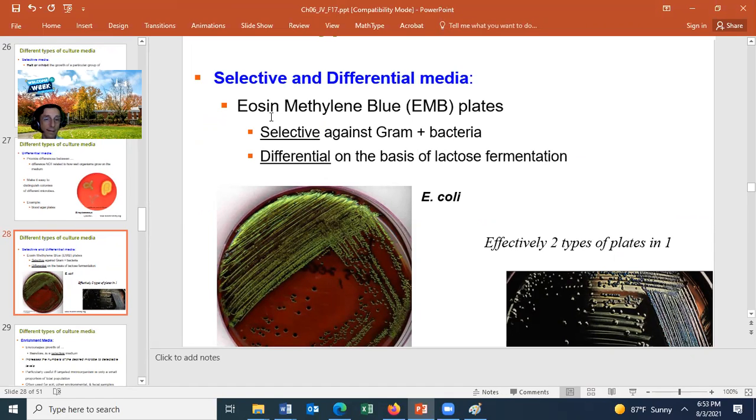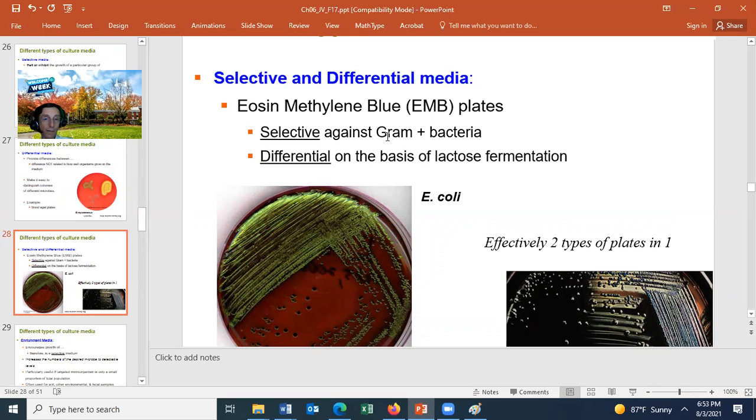It contains eosine and methylene blue, two dyes which get into the cell walls of the gram-positive cells and prevent them from growing, meaning the cell doesn't like those two dyes. It interferes with the cell wall, preventing growth. So the gram-positives cannot grow, and the gram-negatives can grow. So it selects for gram-negatives and against gram-positives.